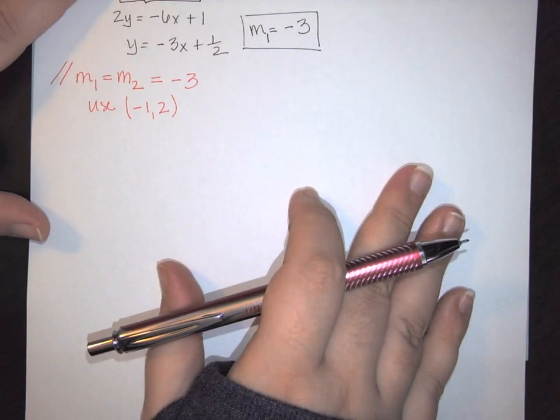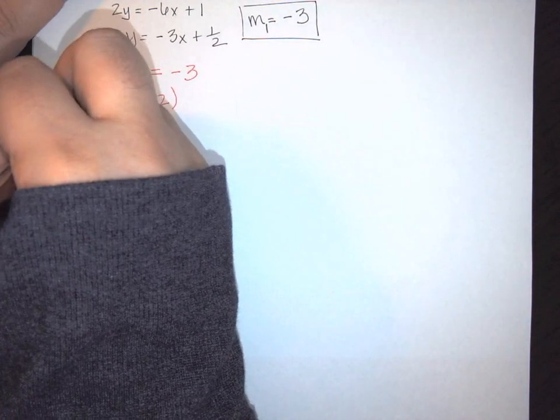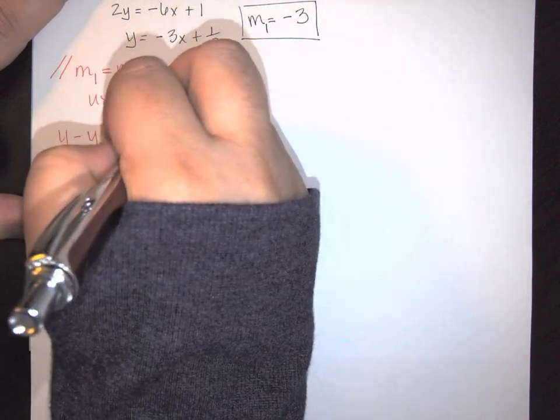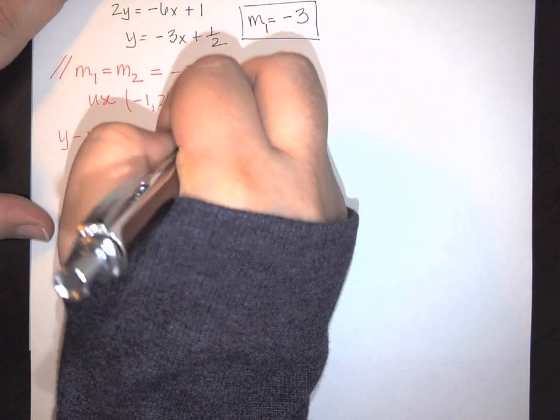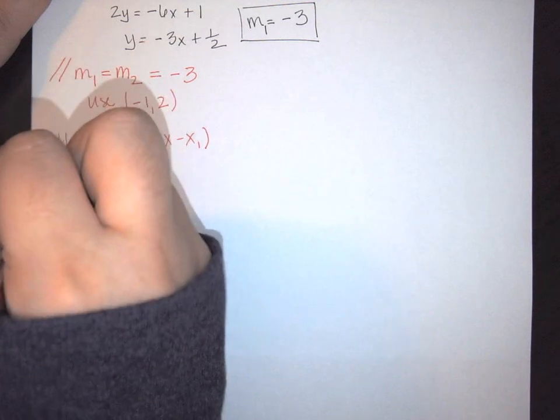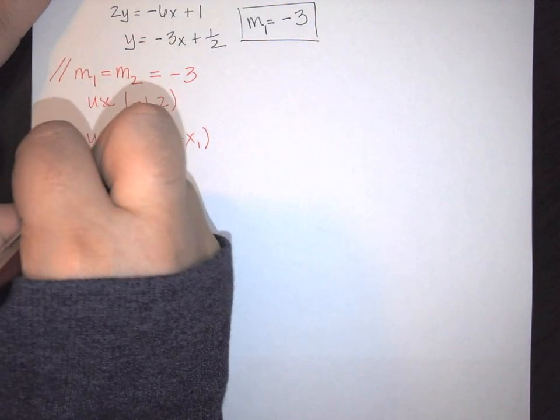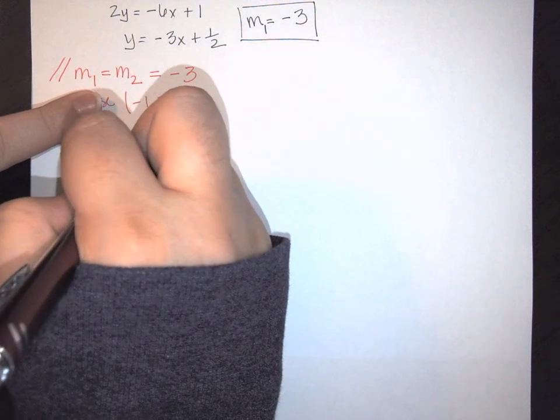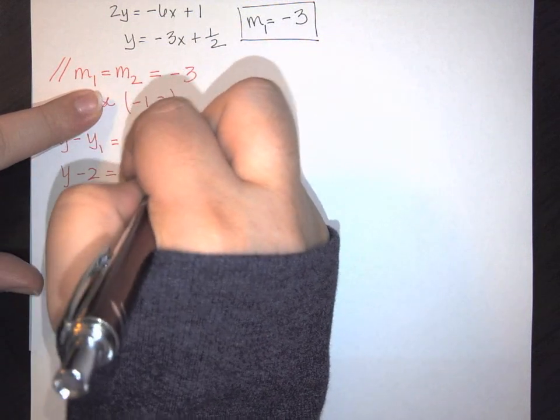So we're going to start with y minus y1 equals m times x minus x1. So here we're going to have y minus 2 is equal to, we're going to use the parallel slope, so the same slope, negative 3 times x plus 1.